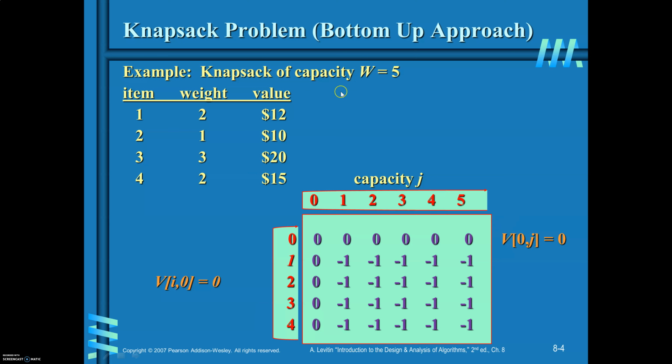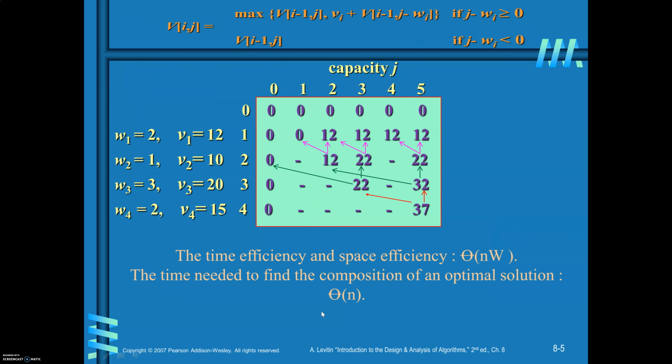For the same instance, we'll apply this memory function algorithm and find the solution. Initially all the entries are equal to -1 except the 0th row and 0th column. Next, you are required to find V(N,W) because our objective is to find V(4,5).